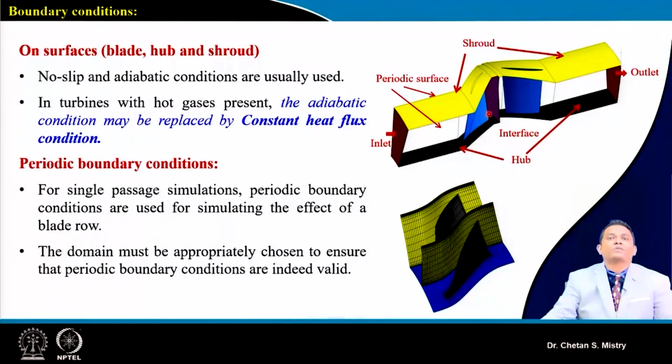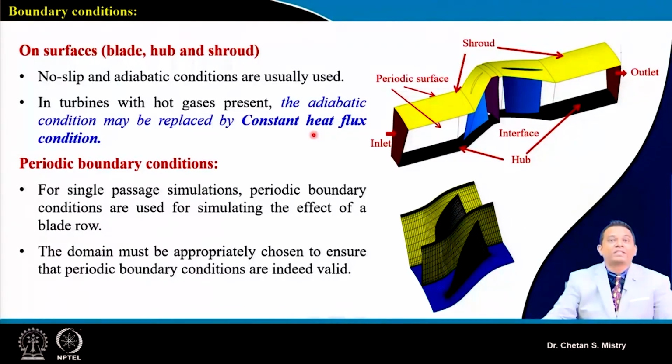So in order to capture all those details, we need to go with the no slip condition with an adiabatic wall. Now many times when we are analyzing, say, a heat transfer study, under that configuration in place of an adiabatic wall, we need to go with a constant heat flux kind of configuration.